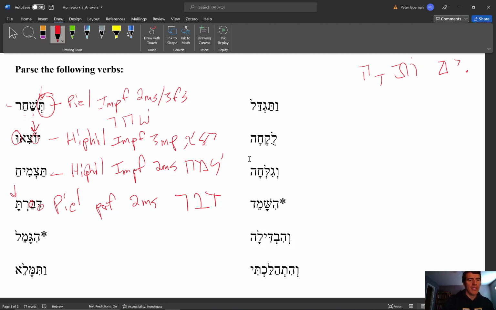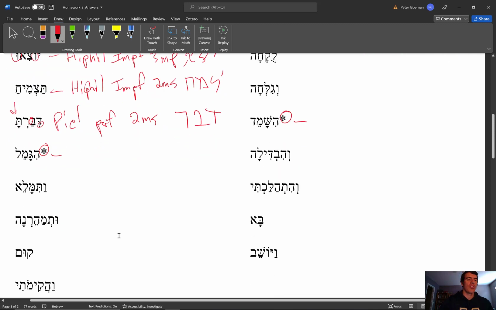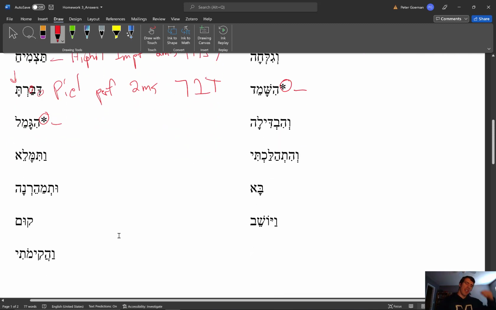All right, now these special ones that I've marked, let's do them both at the same time here. And really, it's just a pattern that you're going to have to know. It looks like a hifil, and it kind of sounds like one too, okay? The big exception is that you're never going to have a hirik yod. So no hirik yod is present.